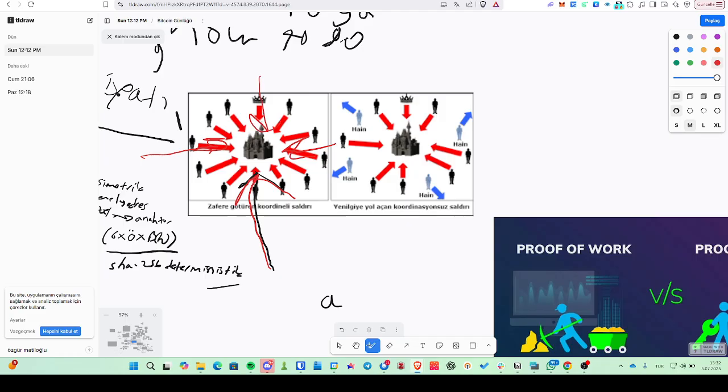But in the Byzantine general problem, some of them go up, some go back, some go forward.